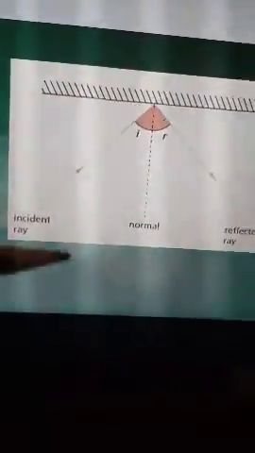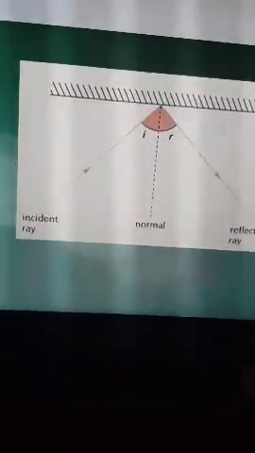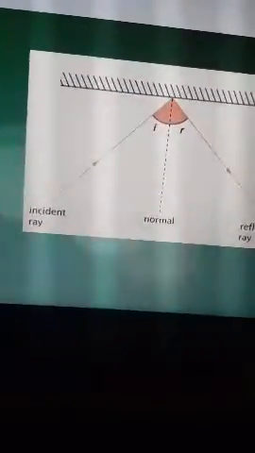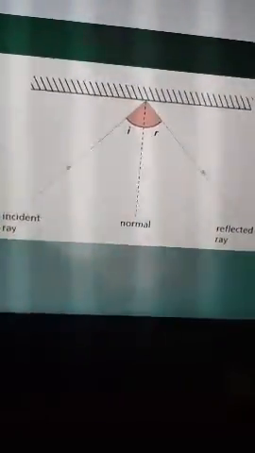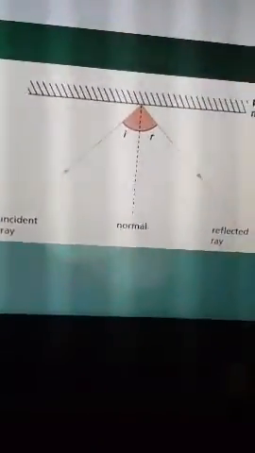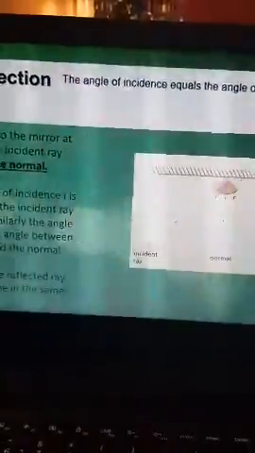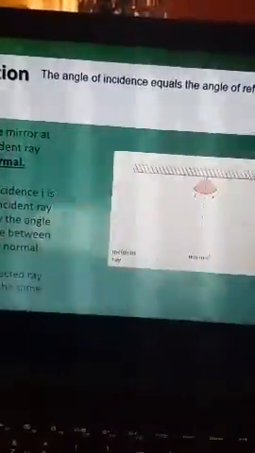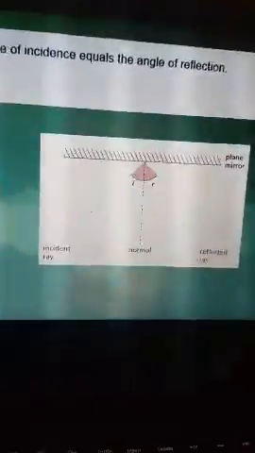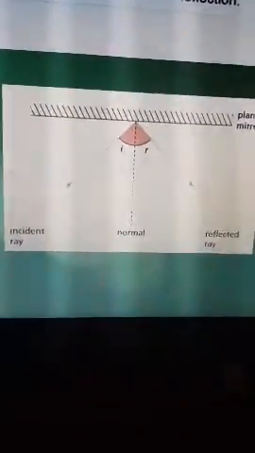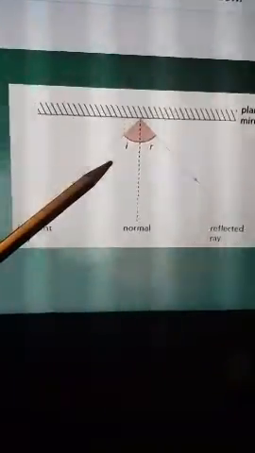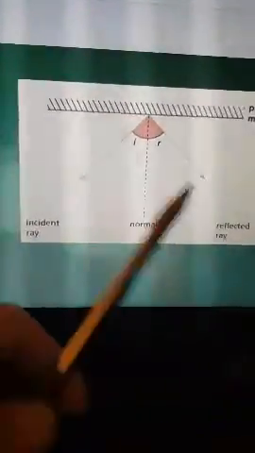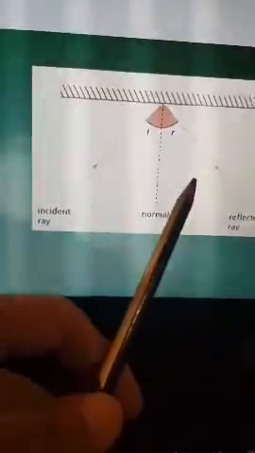So the angle of incidence is the angle between the incident ray and the normal. The angle of reflection is the angle between the reflected ray and the normal. The law says that the angle of incidence equals the angle of reflection. Yes, and that's true, and it is a law. So if the angle of incidence here is 30 degrees, then the angle of reflection is 30 degrees, and so on.